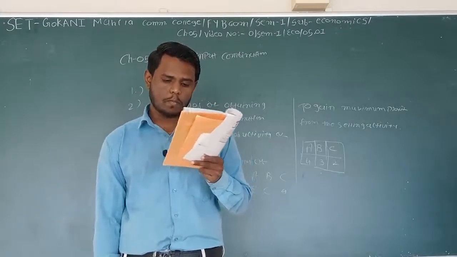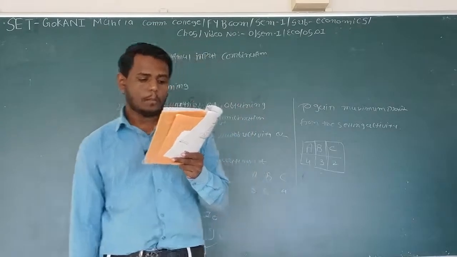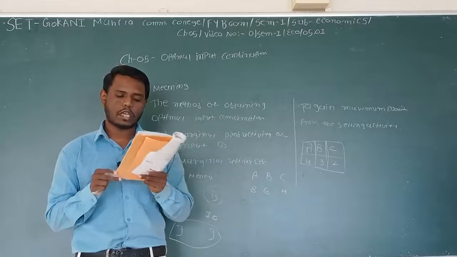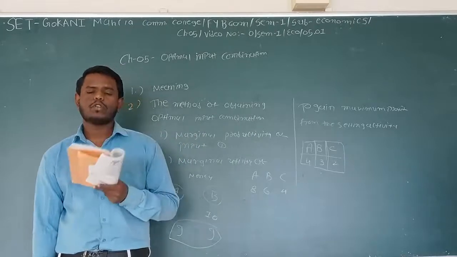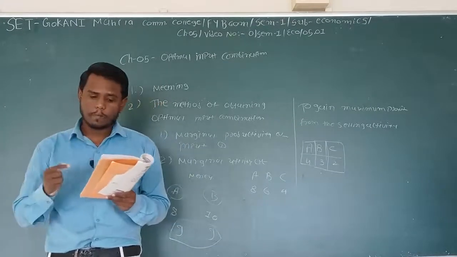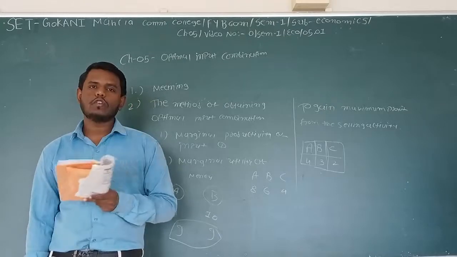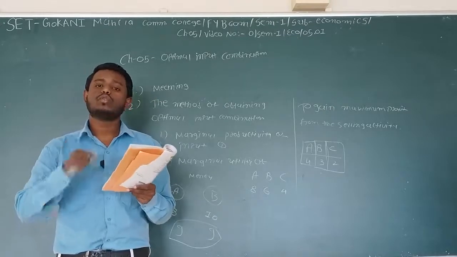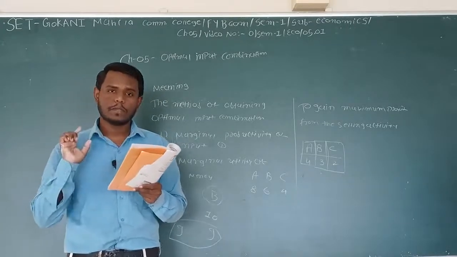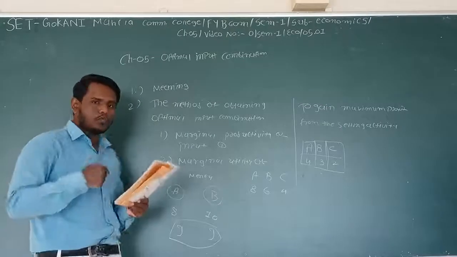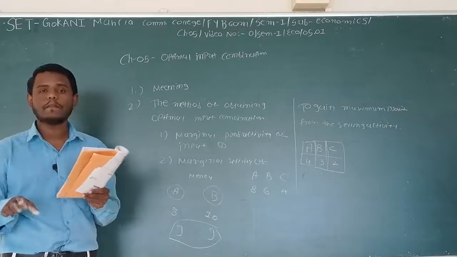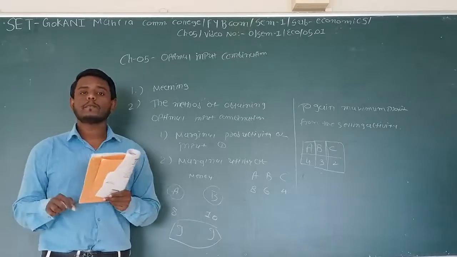Thus, in the optimal input combination, inputs must be employed in such a manner that the marginal productivity of an input and the marginal utility of cost are equal. It means the productivity you get from the input and the cost you incur on that input must be the same. Further in the example, we will see how this can practically be implemented in the business routine.